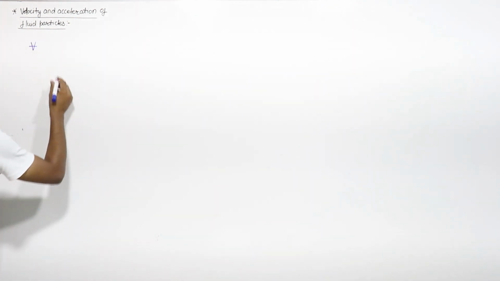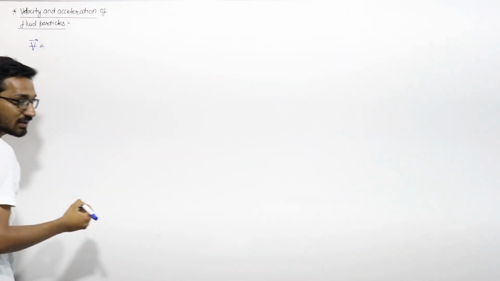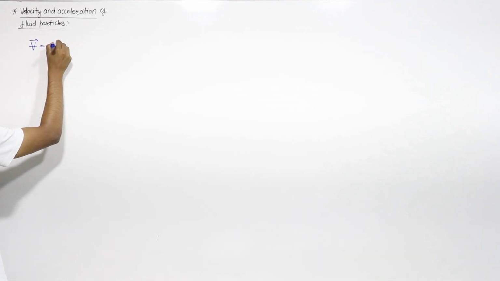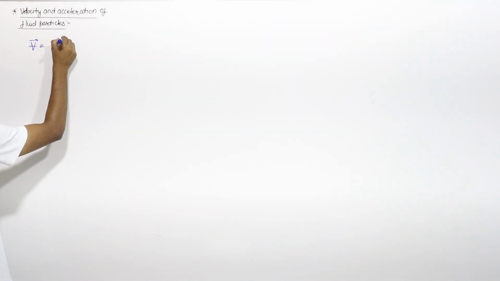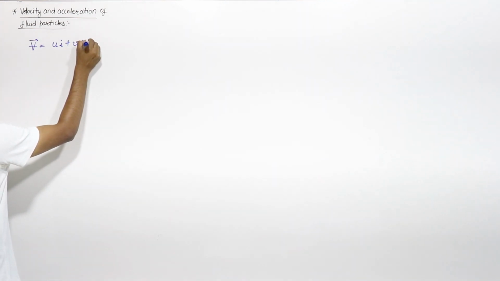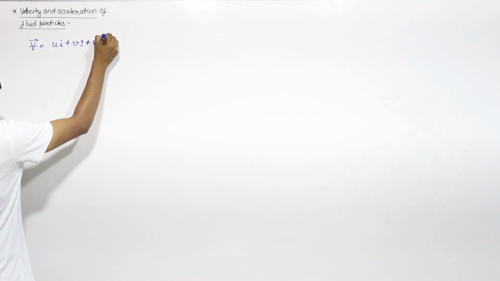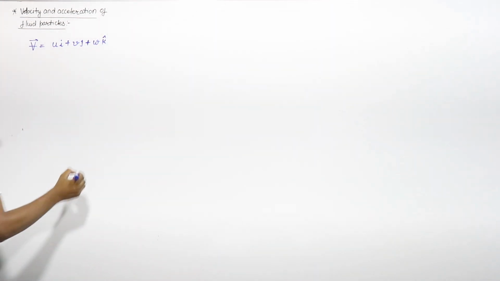So we can say the velocity vector can be written as u i cap plus v j cap plus w k cap. This is the velocity vector.